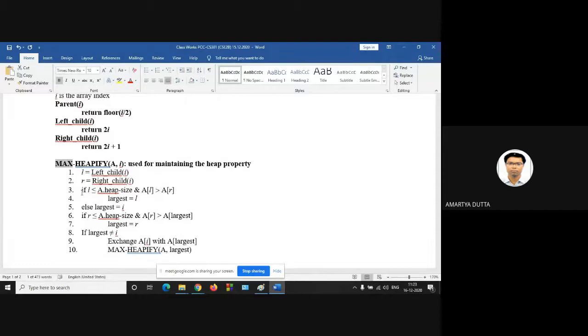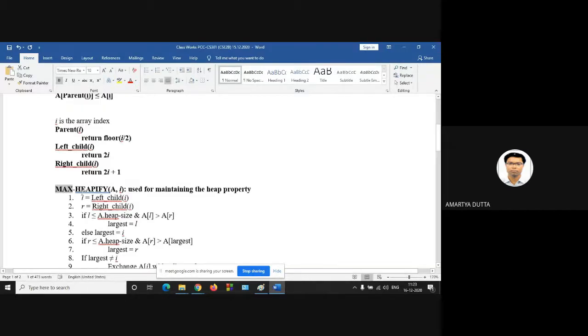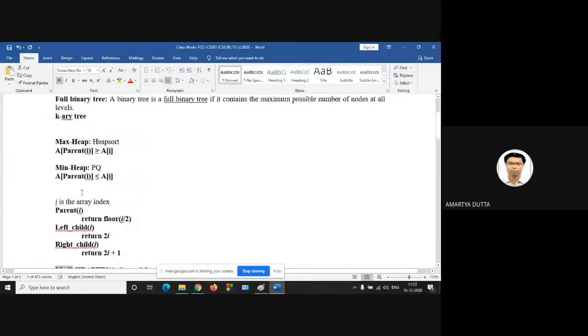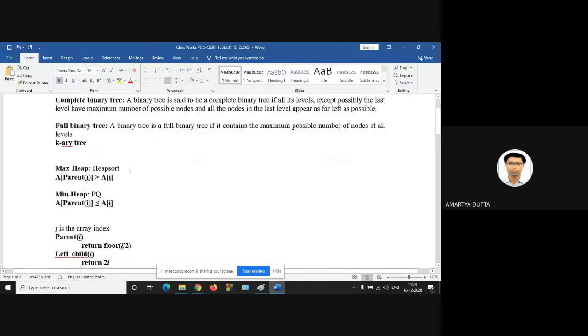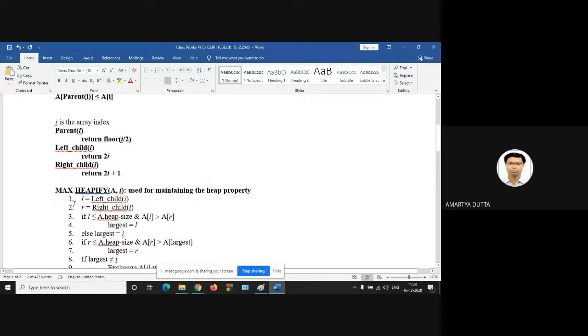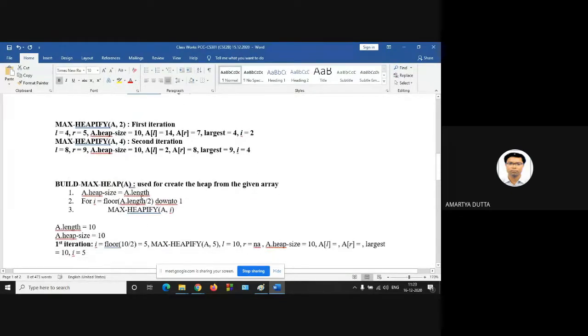So max heapify and min heapify, two procedures are there. Max heapify is used for heap sort and min heap is used for priority queue implementation. So max heapify is used for maintaining the heap property, and build maxif is used to create a heap from the given array.